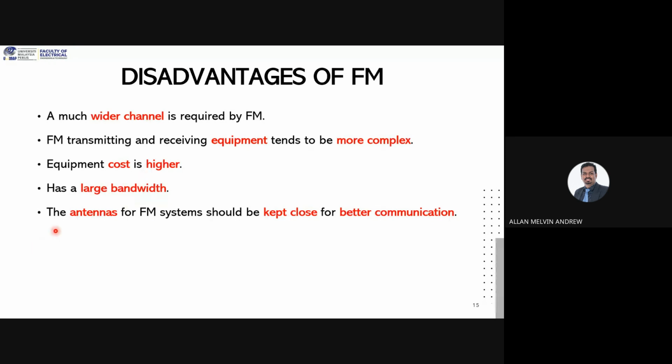The antennas of FM systems should be kept close for better communication. But of course we want to send it to a very far place, so you cannot use a small antenna. You need a very large antenna in order to send between states. That's why usually the radio stations will have antennas in different zones.